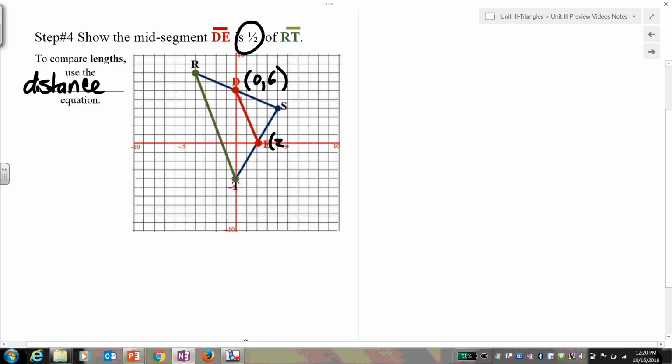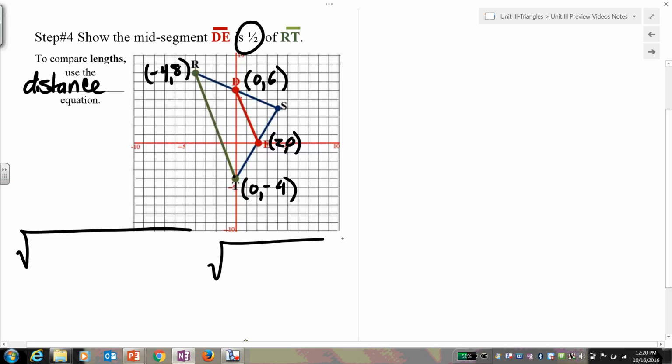E is at 2, 0. R is at -4, +8. And T is at 0, -4. First thing we're going to do is make templates for both. This is going to be our DE template and our RT template.